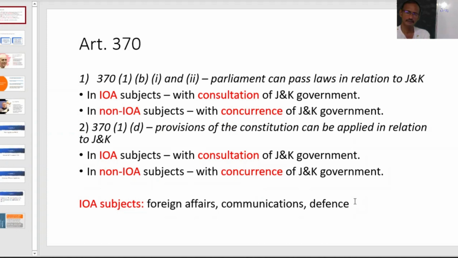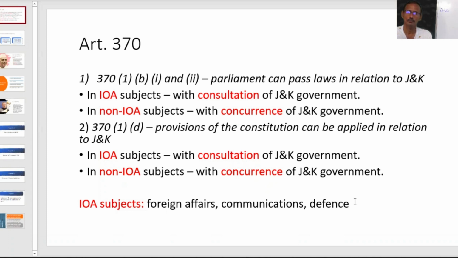When the Maharaja signed the instrument of accession, he gave up sovereignty on these three subjects: foreign affairs, communication and defense. So 370 is an effort to make Jammu and Kashmir as independent as possible outside IOA subjects. Okay. So let us look at these provisions.